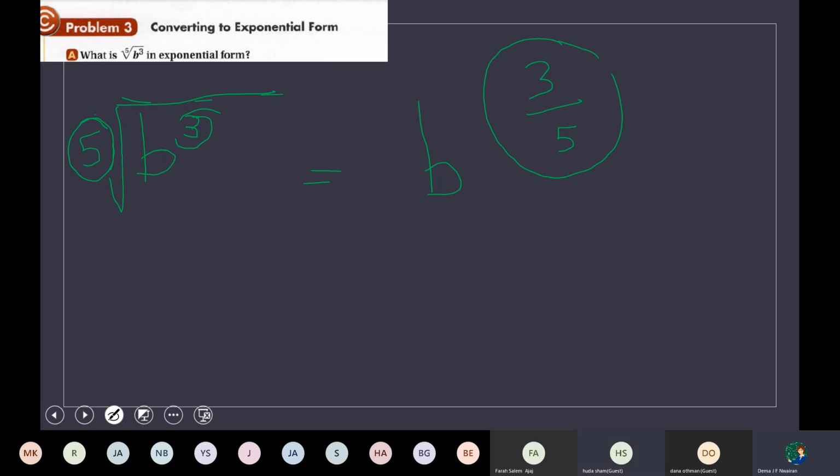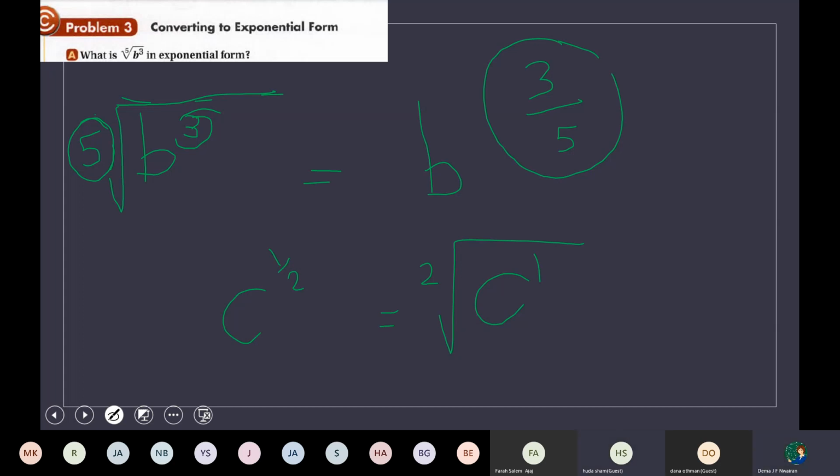Sometimes, I give you advice, because all of us get confused about where I put 3 and where I put 5. If you have c raised to the power half, we can write it like this. Is it right? Any number raised to the power half means a square root.